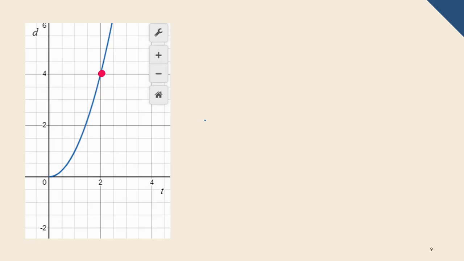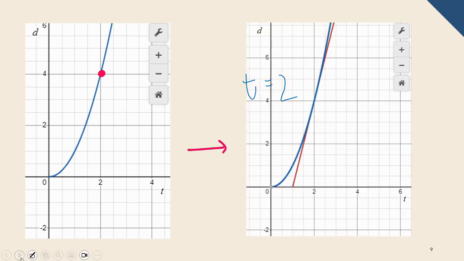Okay, so let's work through this example right here. We have this graph that has a non-constant slope, and we want to find the instantaneous velocity of the object at t equals 2 seconds. So I've already marked out the line tangent to the graph. So what we need to do now is find the slope of this line.